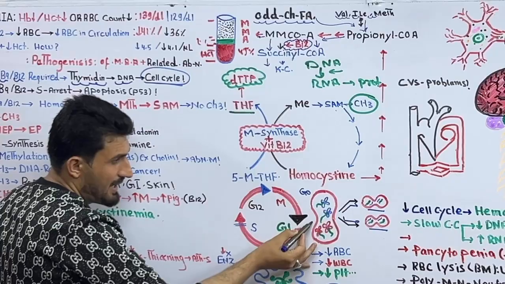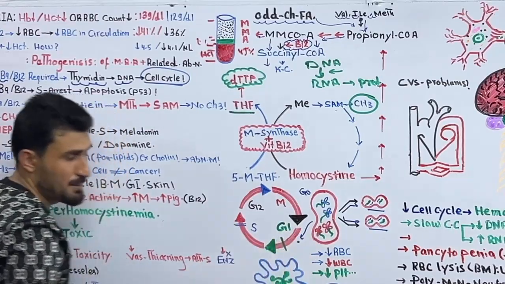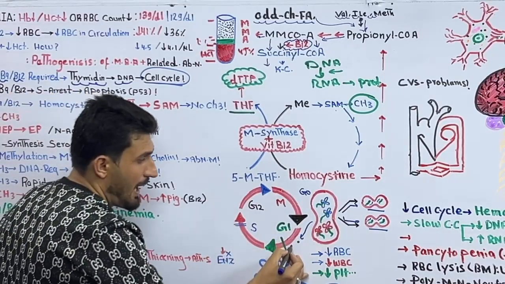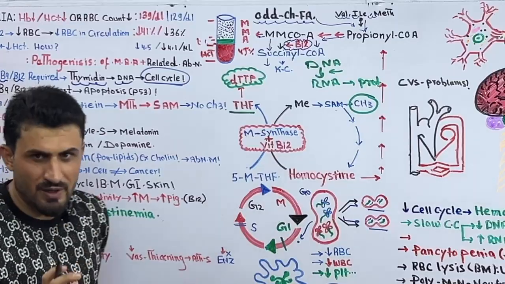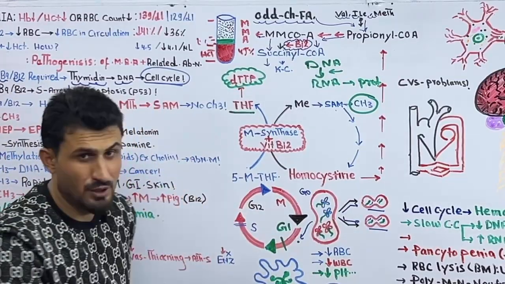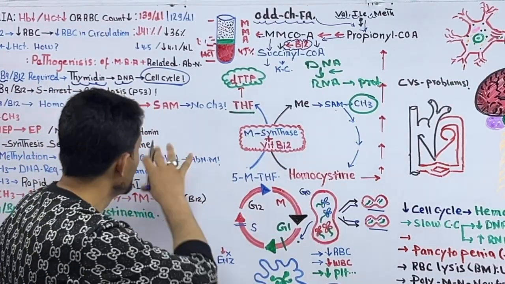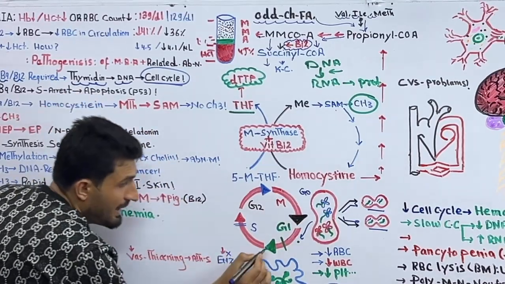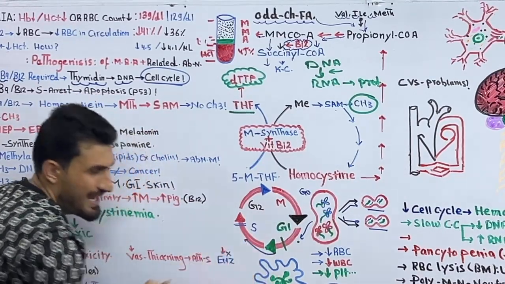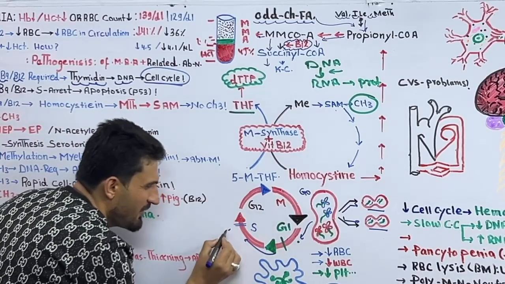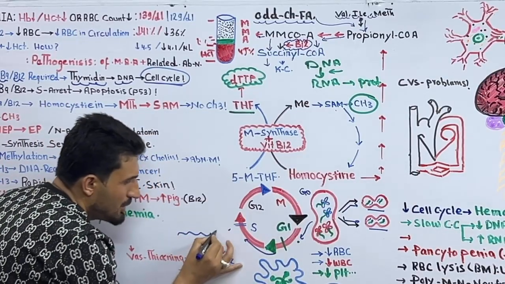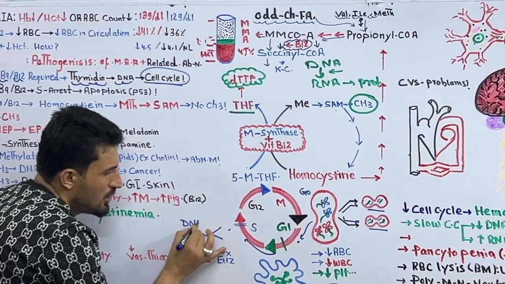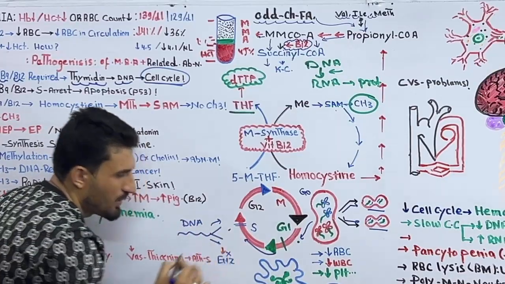So when I enter from G0 to G1 phase, in G1 phase I'll prepare a lot of raw materials. I'll prepare different types of enzymes, different types of proteins, different types of nucleotides, and so on. Then I'll enter from G1 phase to S phase, and this S phase is the phase in which I'm going to make from one DNA two DNAs, which is called DNA replication.